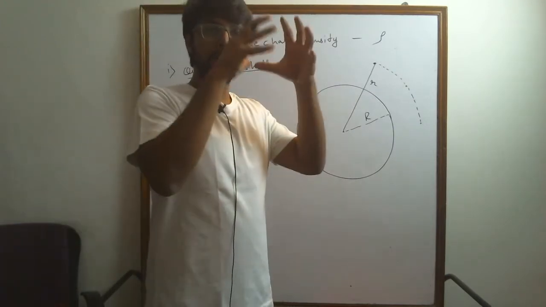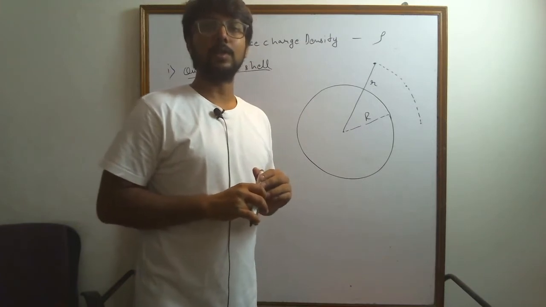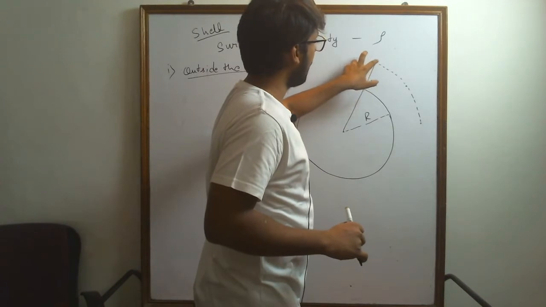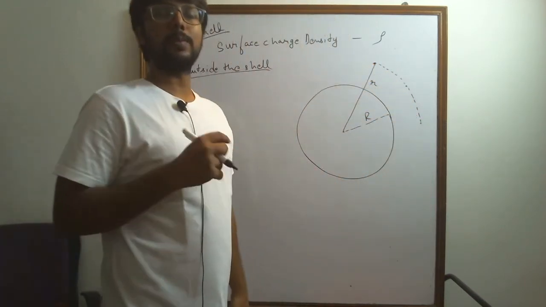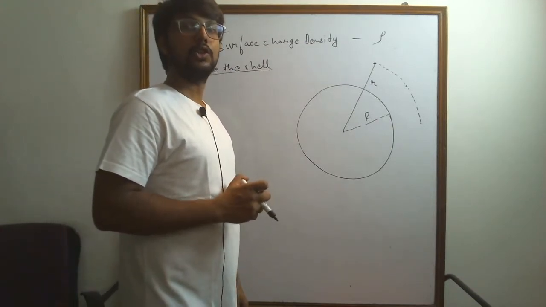That is what the symmetry of the spherical shape allows us to tell, right? All of the points will have the same electric field due to the symmetry of the spherical shape.